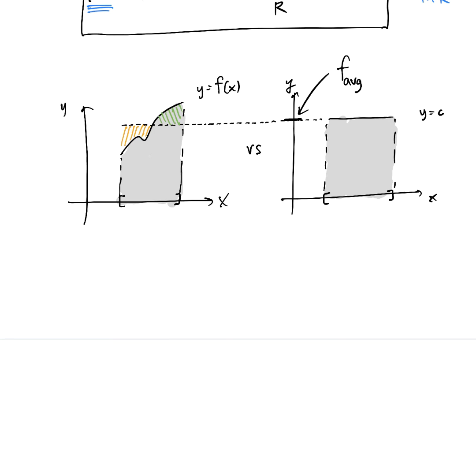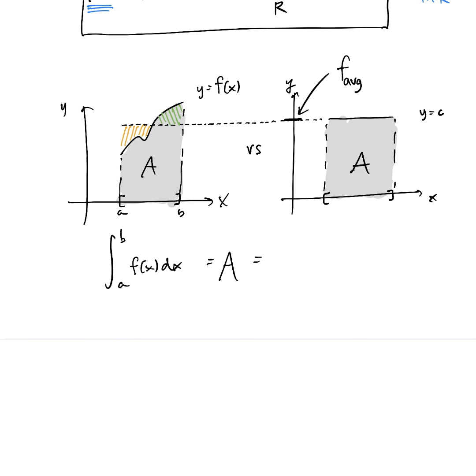And if you believe that the two areas matched, then this area and this area are the same. On the left, that area is the integral from a to b of f of x dx.